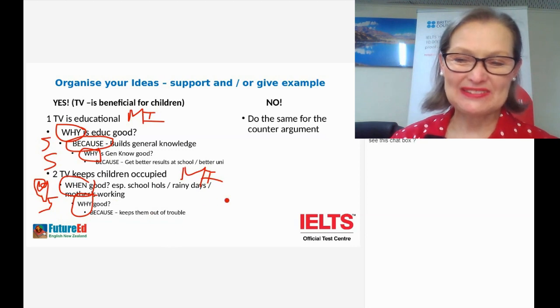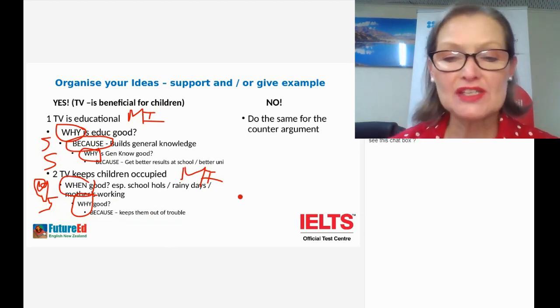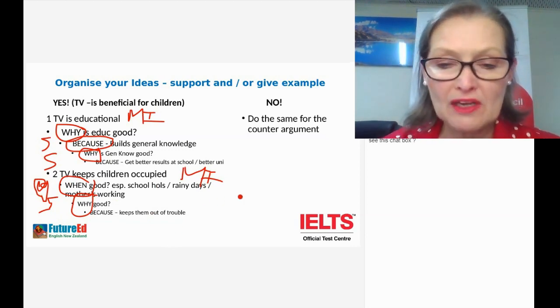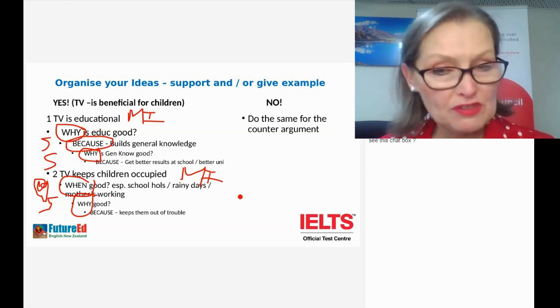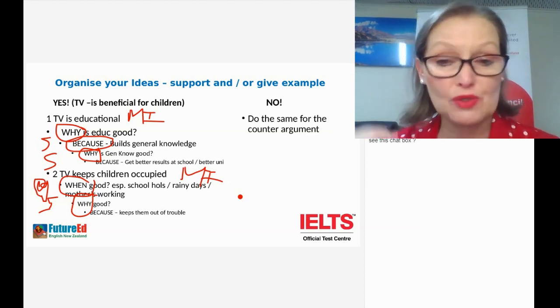There we go. So this is what is going to help you to build a very high AE, arguments and evidence mark, which falls now into your task response mark.